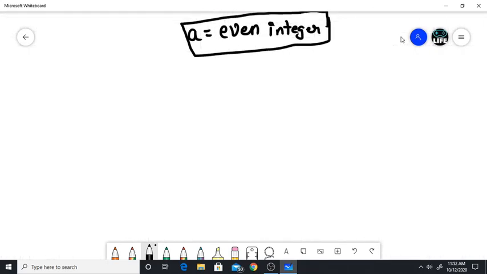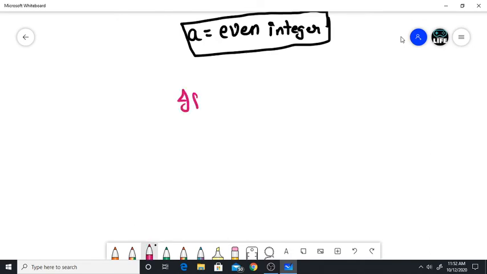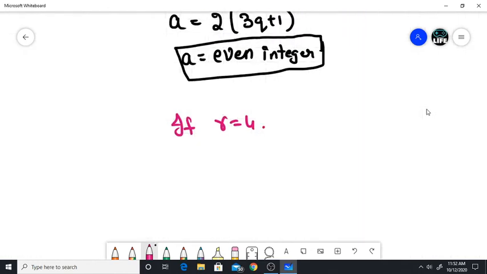So let's check what will happen if r equals 4. Wait, sorry, if r equals 3, I had forgotten. If r equals 3, a equals 6q plus 3.